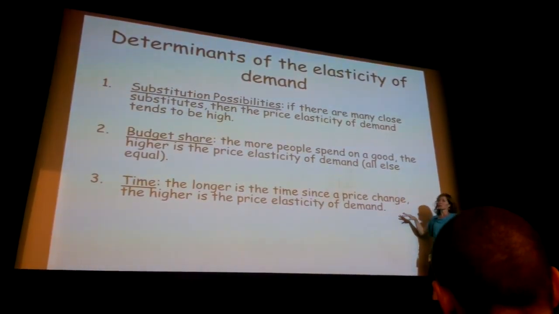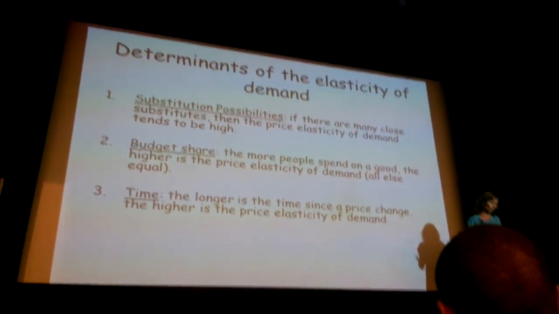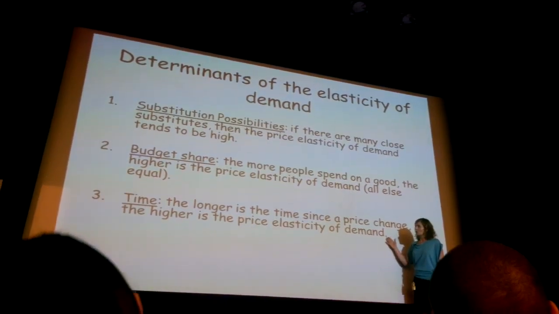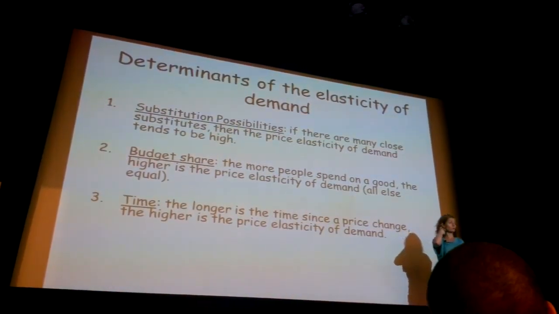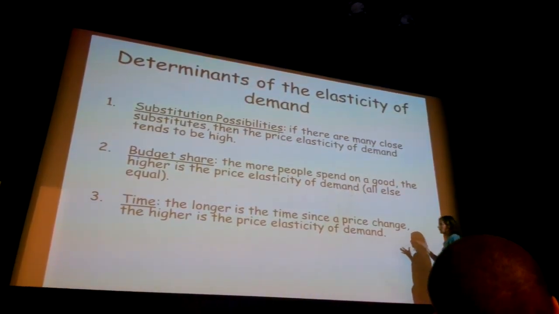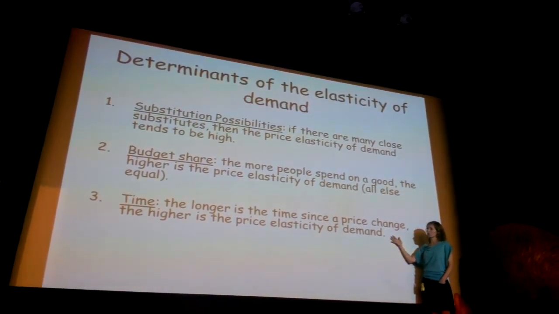So again, let's go back to the example of gasoline. In the short run, it might be relatively difficult to find substitutes for gasoline. But over the long run, you can imagine that more fuel-efficient cars would be introduced, and people would get rid of their fuel-inefficient cars and start buying hybrid cars or other kinds of cars that are more fuel-efficient. Maybe they'd start taking the bus, maybe they could buy a bicycle.